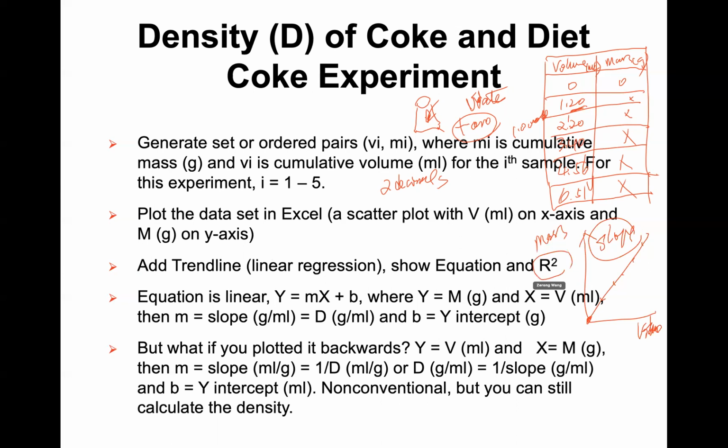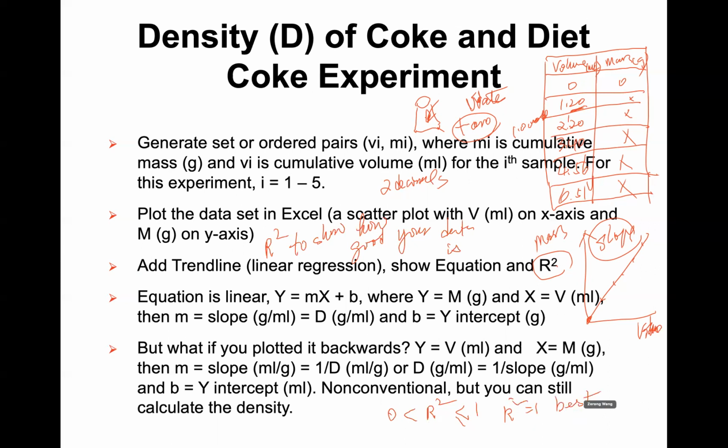So you may ask, what's the R square? R square is the value to show how good your data is. The value of R square is greater than 0 and less than or equal to 1. If your number is closer to 1, equal to 1 is the best.